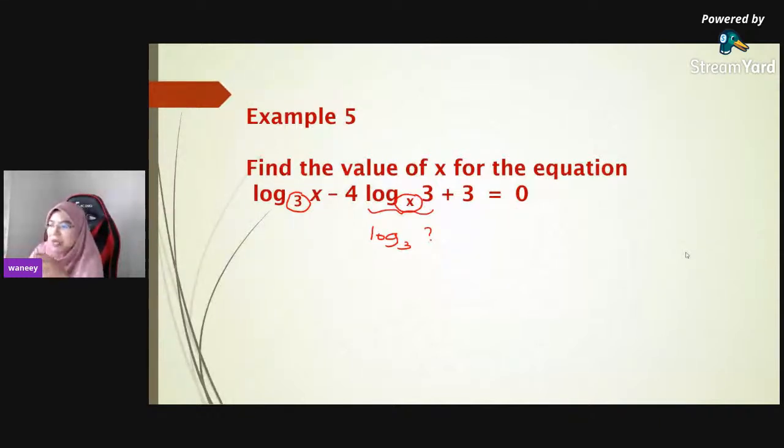Oh, dia dah dapat jawapan. Yo. Nanti kita check betul ke tidak. Bagi masa kawan lain try dulu jap. Ada lagi 50 saat untuk orang lain cuba.